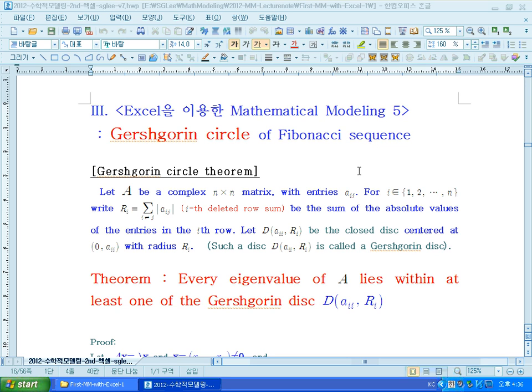We have discussed the Fibonacci sequence and the modeling of the Fibonacci sequence and Fibonacci matrix with Microsoft Excel. Today, I'm going to introduce the Gershgorin circle, which can be used for analyzing the Fibonacci sequence.